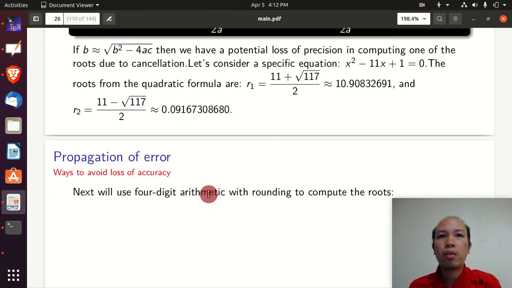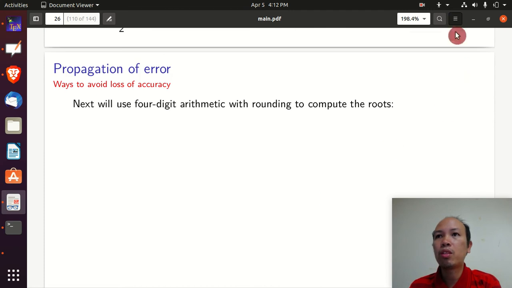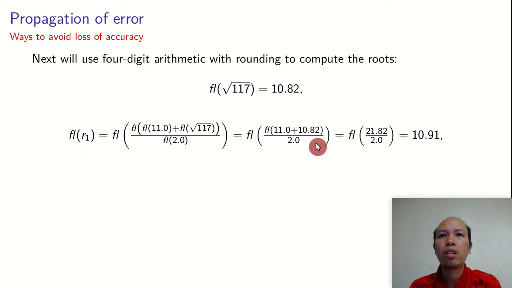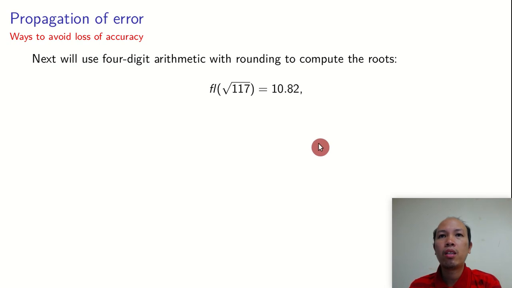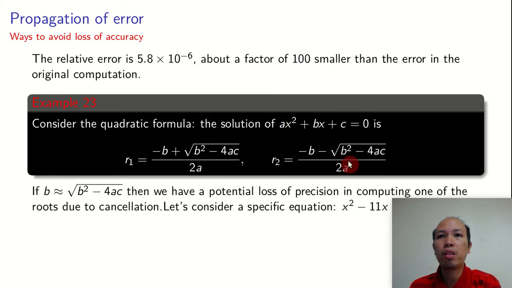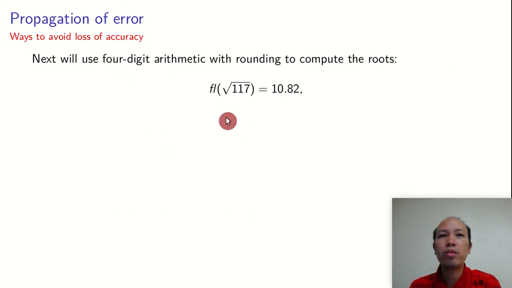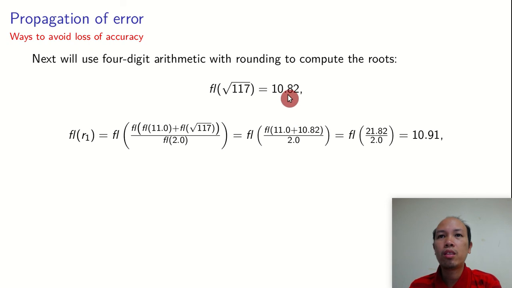Next, we will use 4-digit arithmetic with rounding to compute the roots. As you can see here, the floating point of the square root of 117 using 4-digit arithmetic is 10.82.